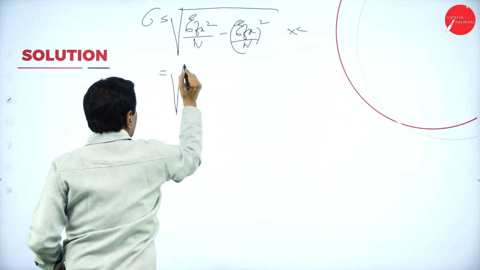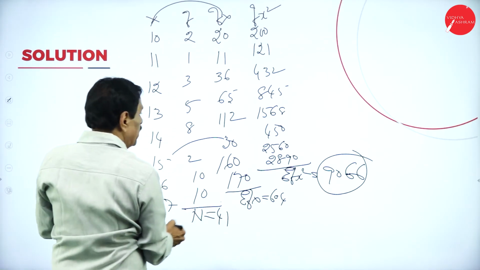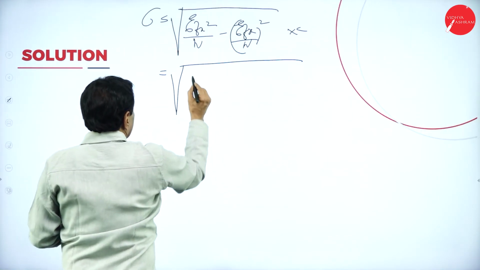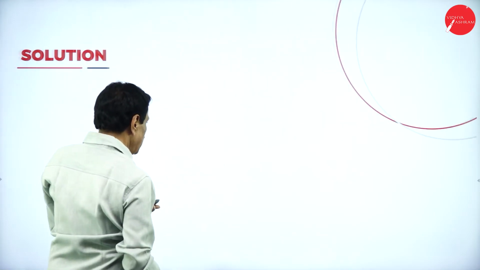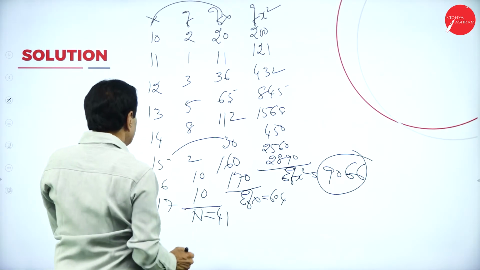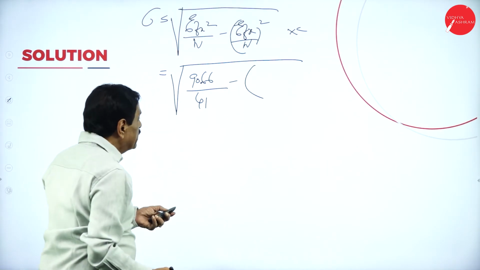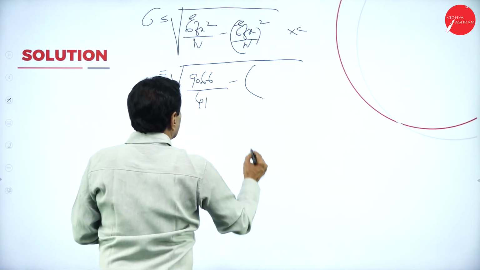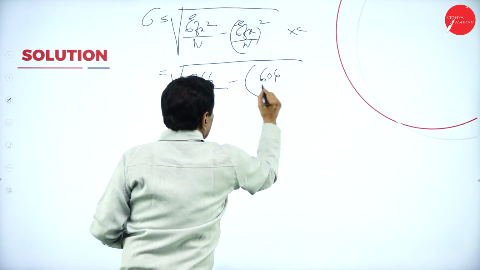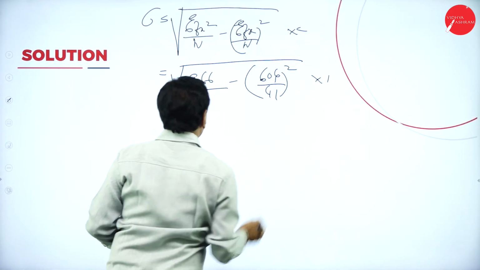Sigma fx square is 9066, so 9066 divided by 41 minus sigma fx, which is 604, divided by 41 whole square into 1.